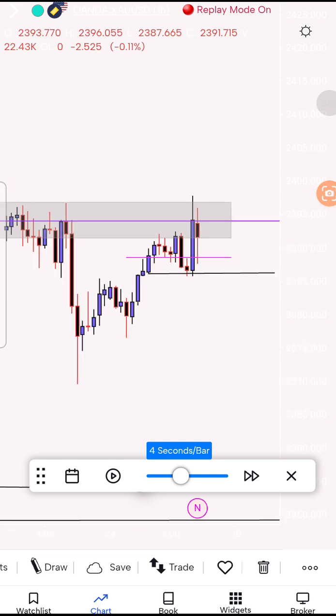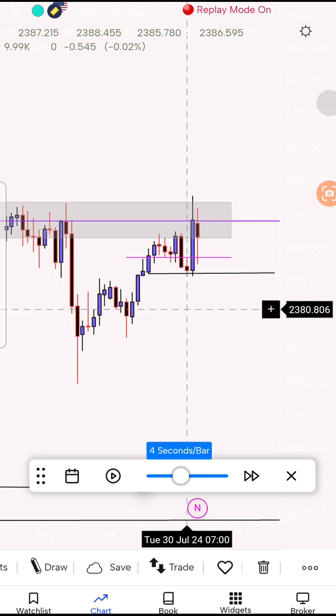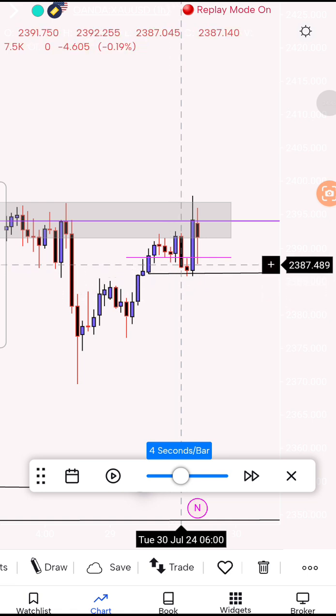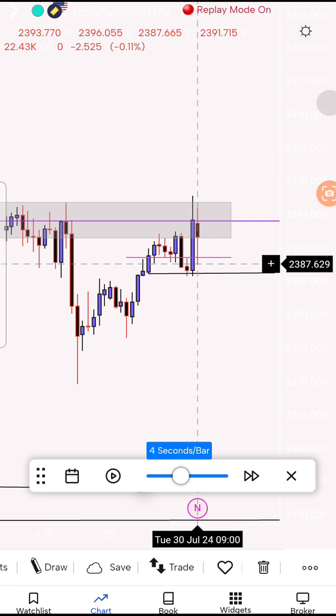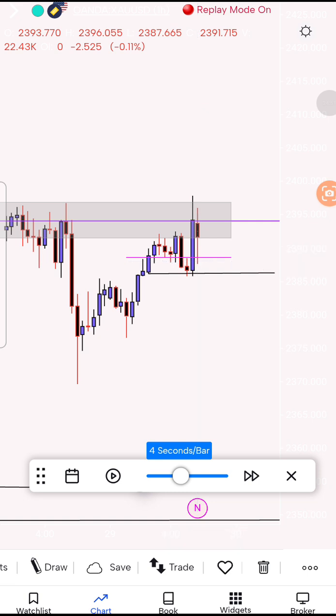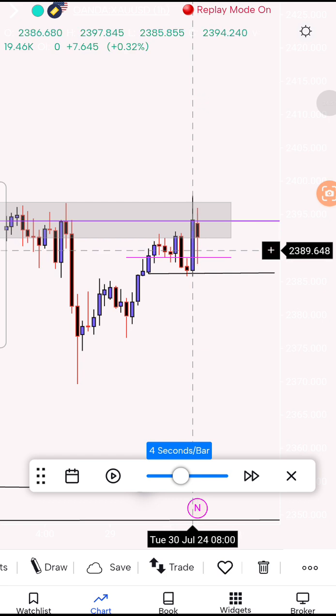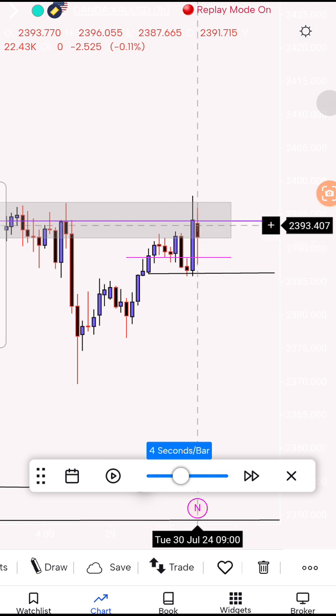That didn't actually form a fair value gap. And how many candles have we printed? 1, 2, 3, 4, 2. So we have that candle, the second candle of the 4-hour candle, because this 8 a.m. candle will be closing at around 10 or 11. So the next candle didn't form a fair value gap, we dropped lower.